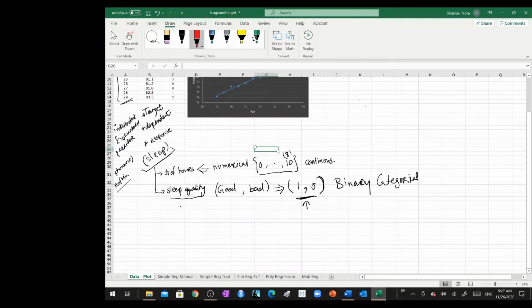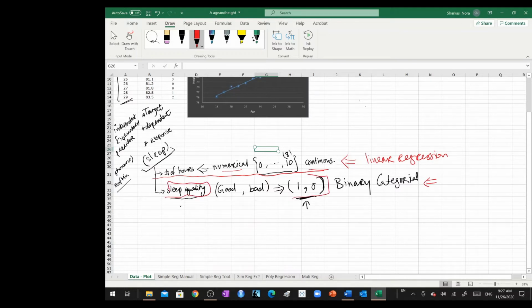In this case, guys, we need to understand one little thing about regression. If the variable is collected in a continuous numerical type as indicated over here, the number of hours of sleep, then linear regression is the right technique to be used.